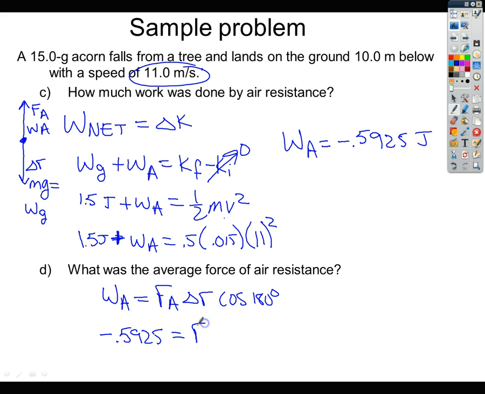That should be equal to F of air times 10 times the cosine of 180 degrees. When you solve for the force of air resistance, you should get 0.05925 newtons. That's a really good AP problem. It has you do several things to really triple check your understanding of both the concepts and the math.